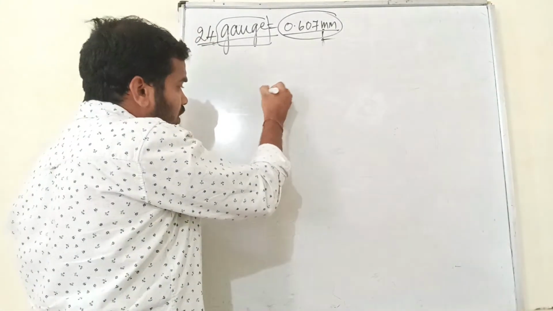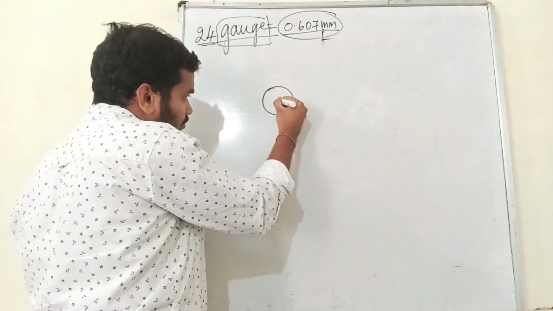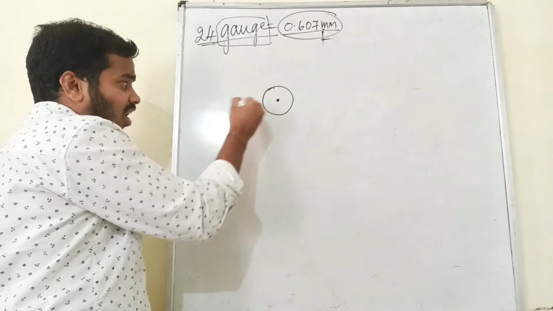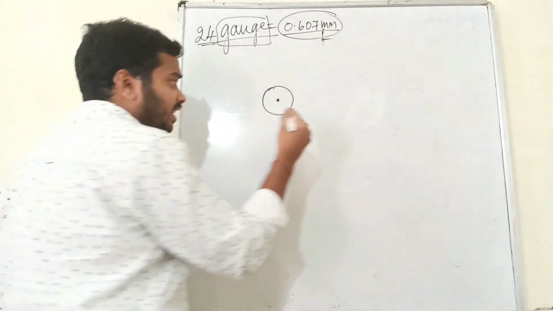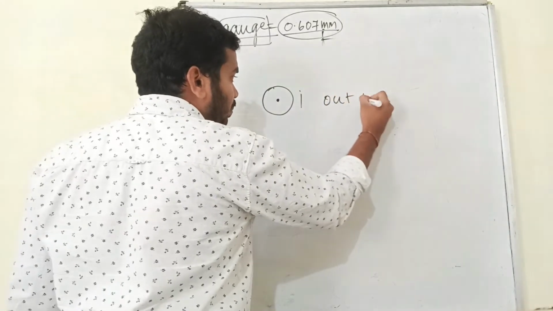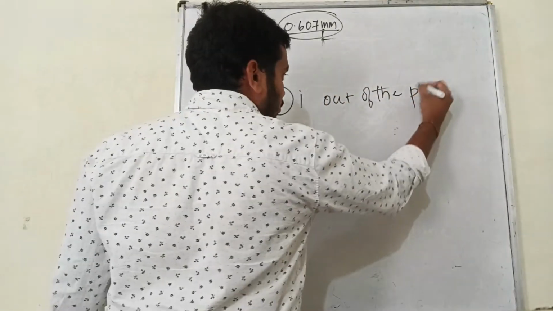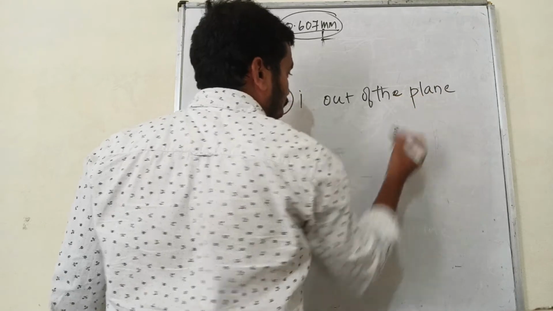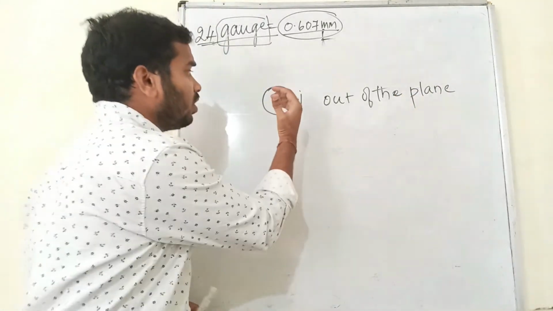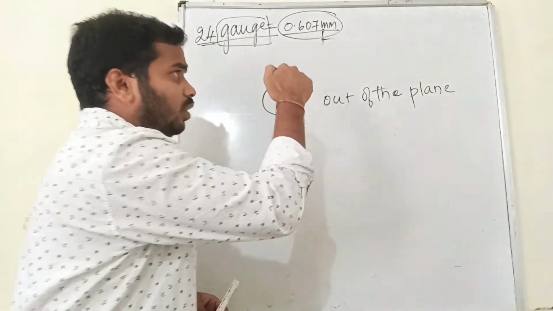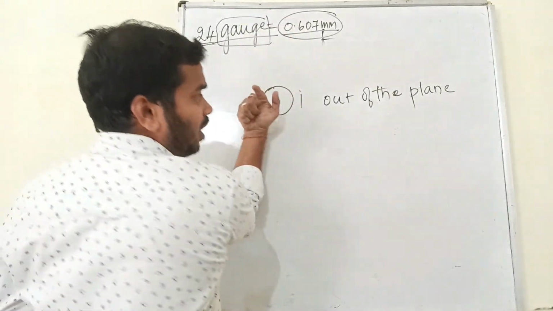So we shall try to understand this case first. I already told you, if a dot in the circle is given to you, this indicates that out of the plane. So what happens? See, here the current is flowing out of the plane, means the current is coming out of the plane like this.